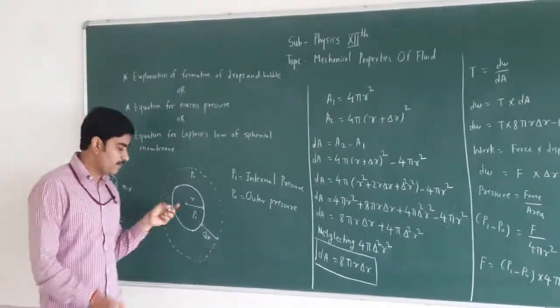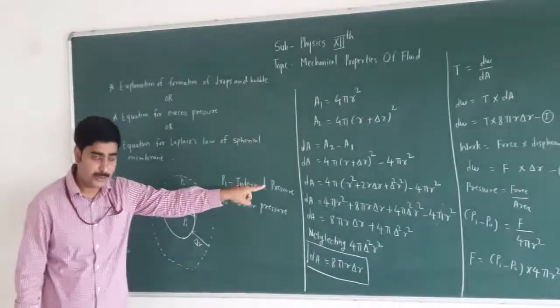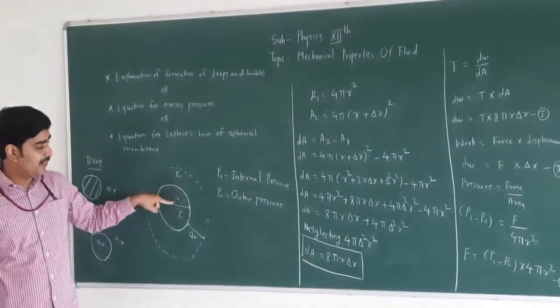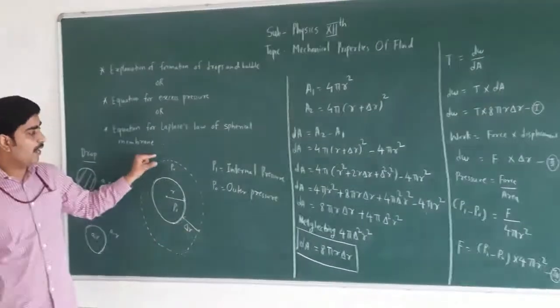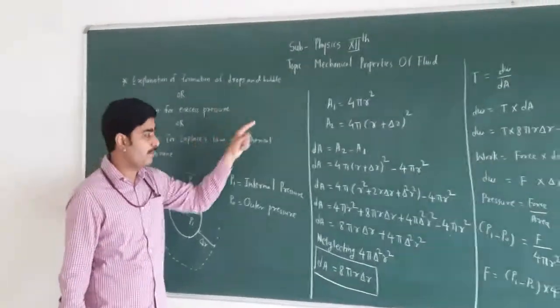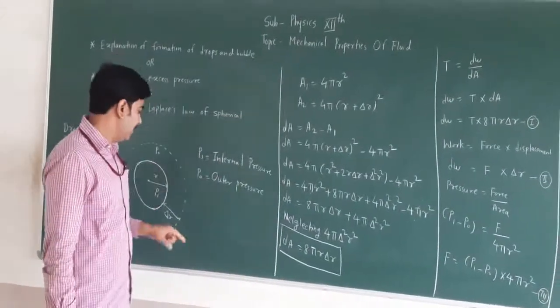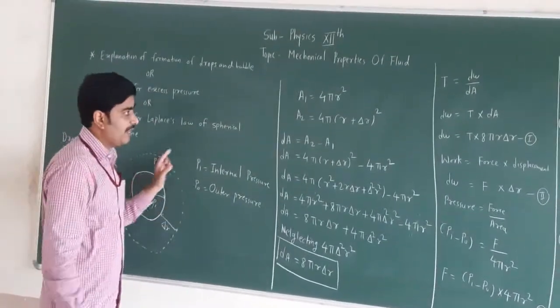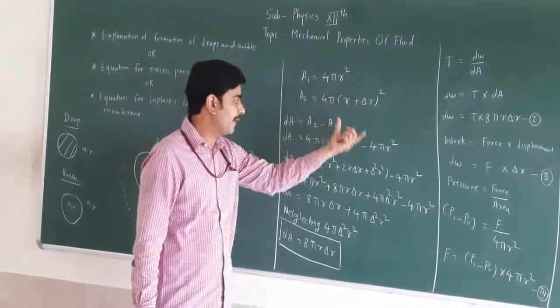For this purpose, first we should draw the diagram. In the diagram, Pi is the internal pressure, small r is the radius of the internal sphere, delta r is the increase in the radius, and P naught is the outer pressure. Friends, A1 is the internal area of the sphere, 4 pi r square. A2 is the increased area, 4 pi into the bracket r plus delta r bracket square.